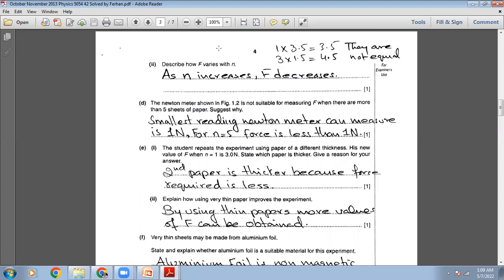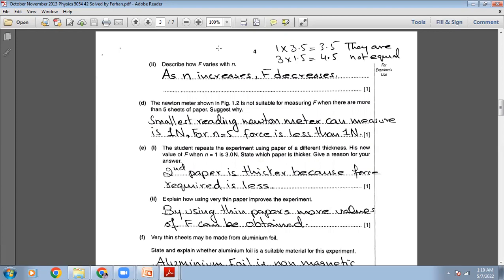Multiply them, you get 3.5. At 3 papers, the force required is 1.5. Multiply them, you get 4.5. You see the product of n and F is not constant. So F and n are not inversely proportional to each other. So don't use the words inversely proportional. You can say that as n increases, F decreases. Simple.